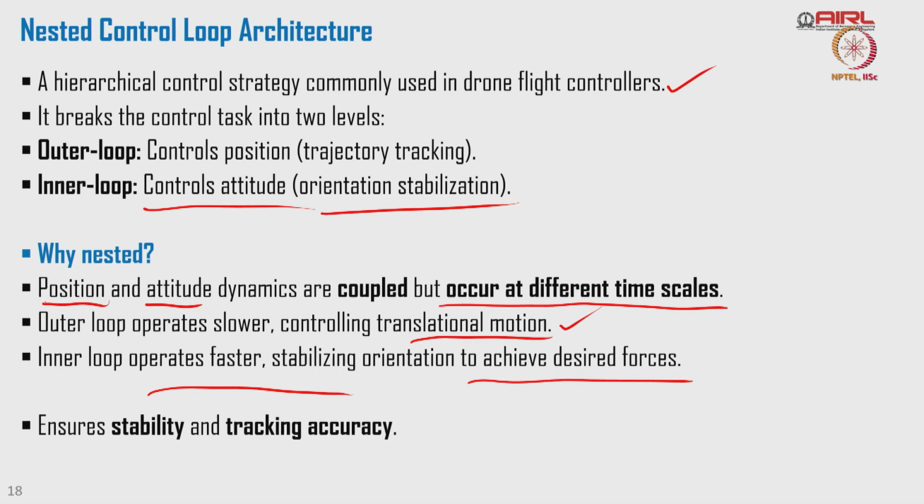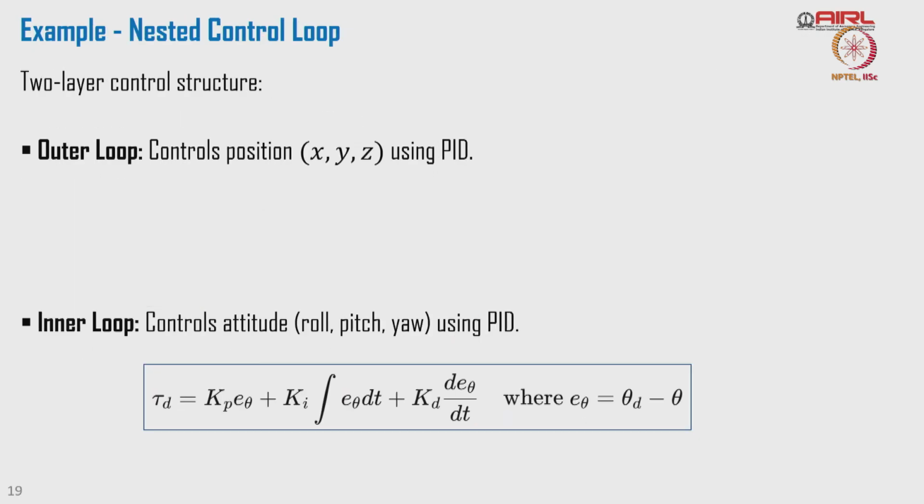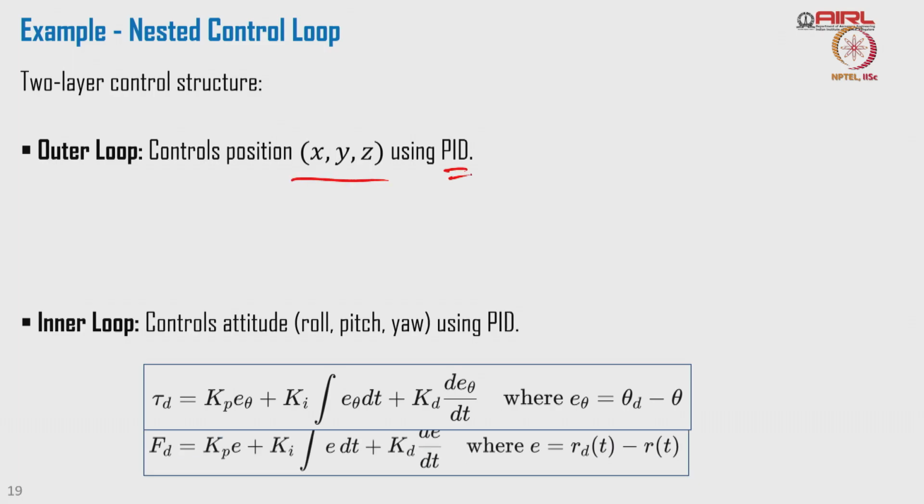Okay. So, what is the final objective? It should ensure stability and tracking accuracy. What is tracking accuracy? It means that the tracking error e(t) should tend to 0. Okay. Now, for the two-layer control structure, the outer loop controls the position, the translational dynamics, using PID. So, how does it look?